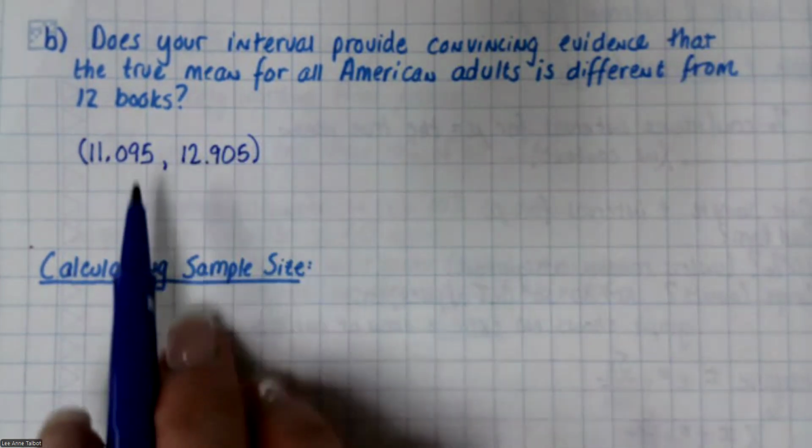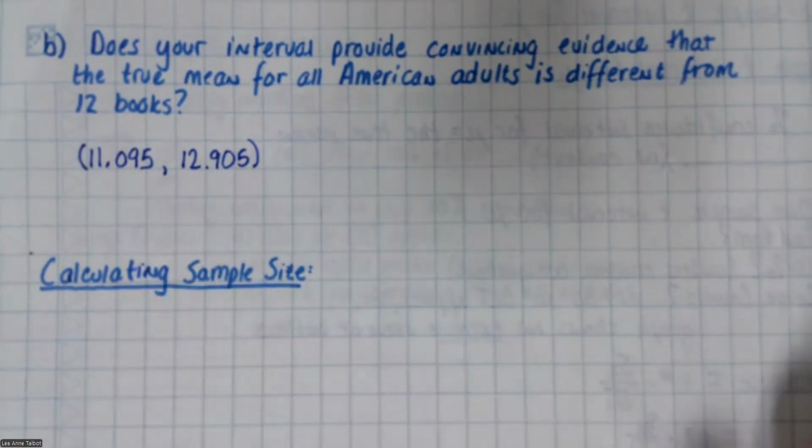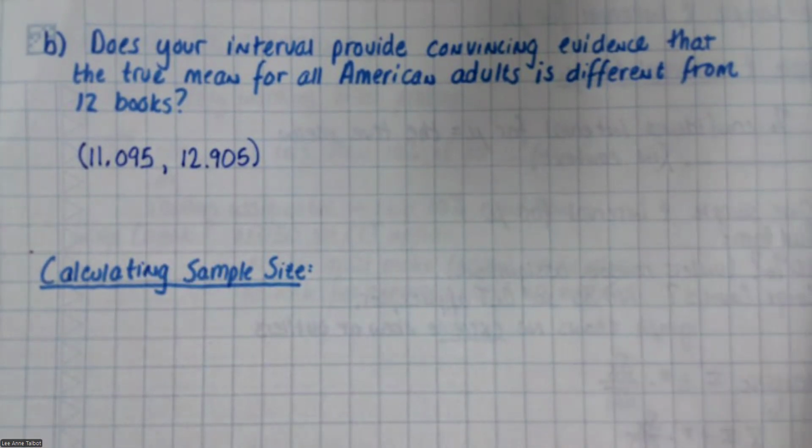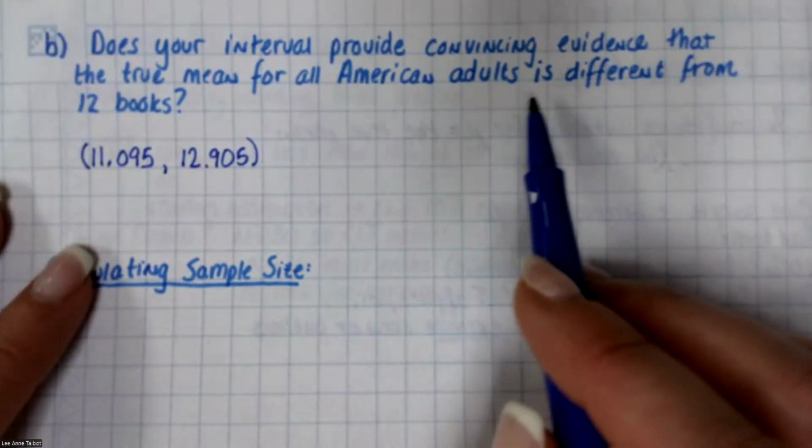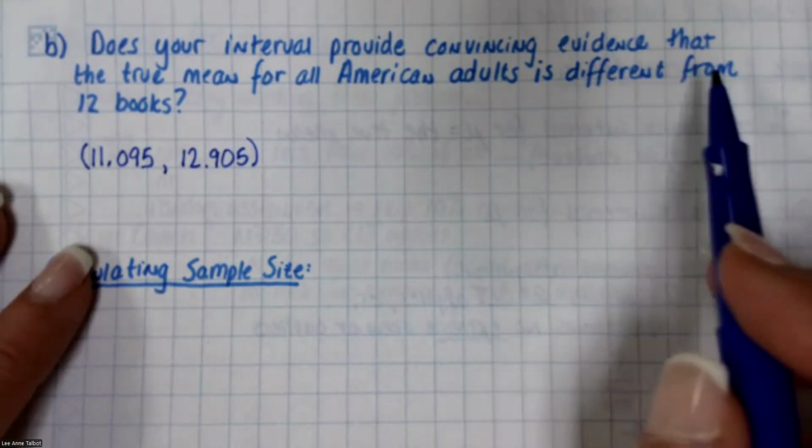Okay. But the question is, is 12 in the interval? Yes. So does that mean it's going to be different from 12? Are we sure that it's different from 12?